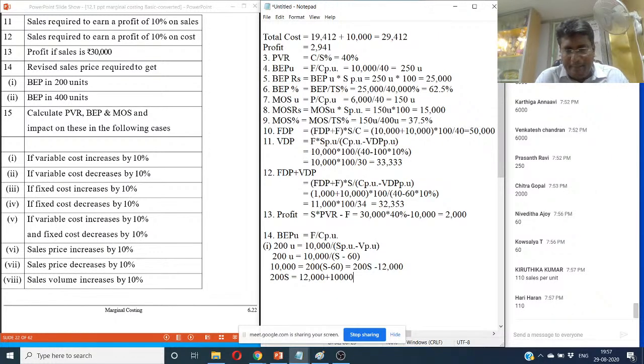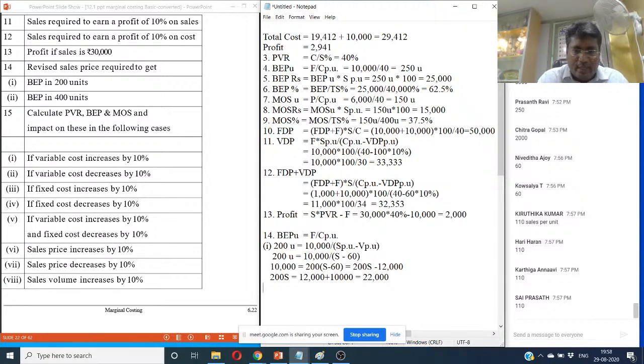What is the value you are getting? Yes, 110. But you are giving me a wrong answer. Okay, 22,000. So the revised selling price is 22,000 divided by 200, which is equivalent to 110. By selling the unit at rupees 110, you can break even, by selling 200 units itself.